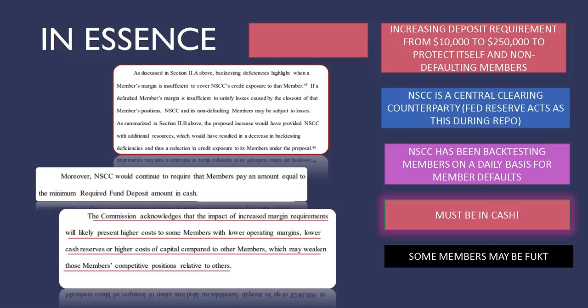As summarized in Section 2B above, the proposed increase would have provided NSCC with additional resources, which would have resulted in a decrease in backtesting deficiencies and thus in a reduction in credit exposure to its members under the proposal. Moreover, NSCC would continue to require that members pay an amount equal to the minimum required fund deposit amount in cash. That is huge.